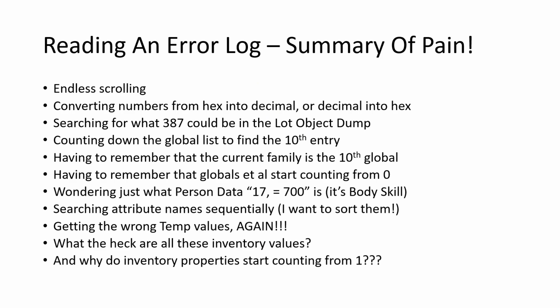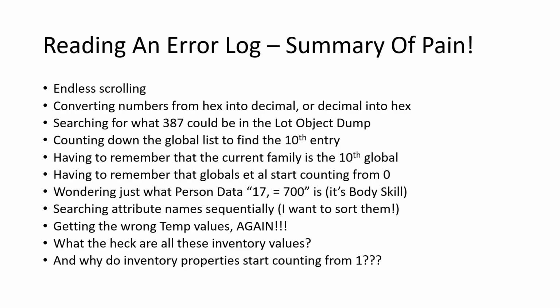So, reading an error log, it's a summary of the pain. You have endless scrolling. You are converting numbers from hex into decimal or decimal into hex. They put the instance numbers out as a decimal number, you need them as hex. You can do a lot of searching for numbers that you think are objects, and you're scrolling up and down to look in the lot object dump.